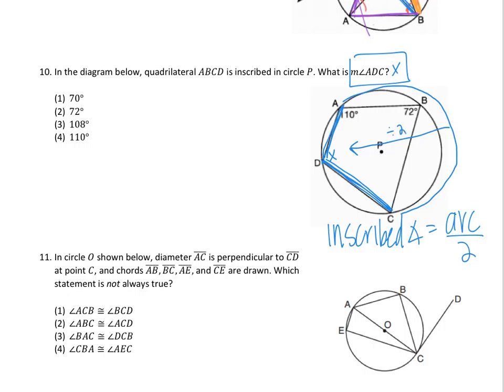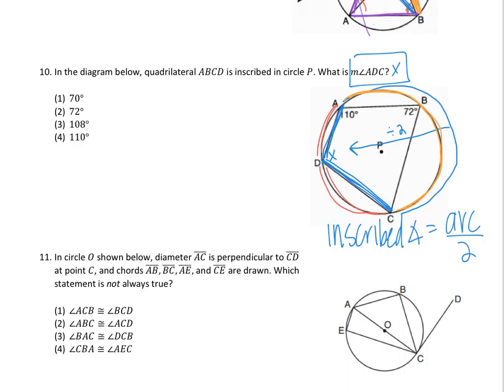Now arc ABC is the opposite of arc ADC. Let me have you think about that for a second. ABC over here, say in orange, meets up with ADC here in red, and together they make a total of 360.